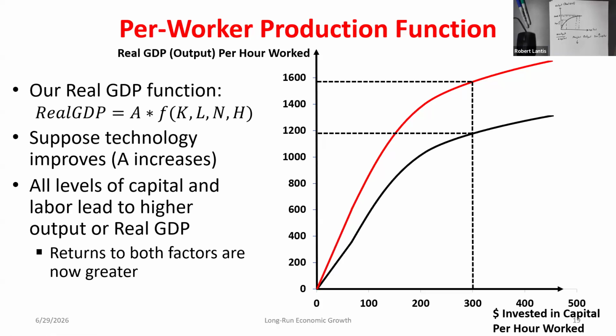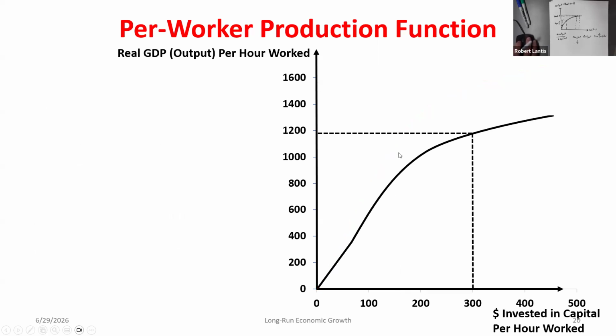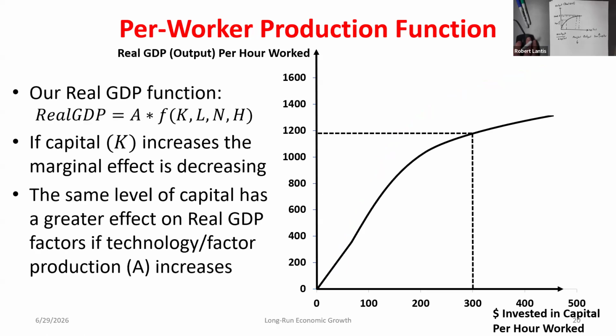Another way of thinking about this is, if I want the same level of output here, well, before I had to invest 300 units in the capital, now I only have to invest, it looks like, approximately 150. Okay.